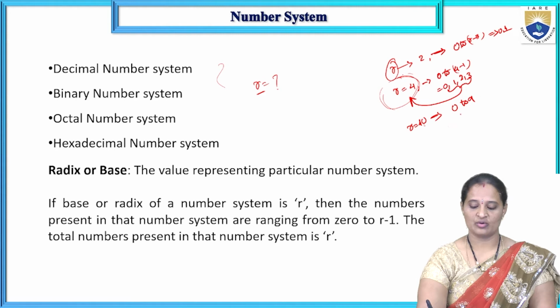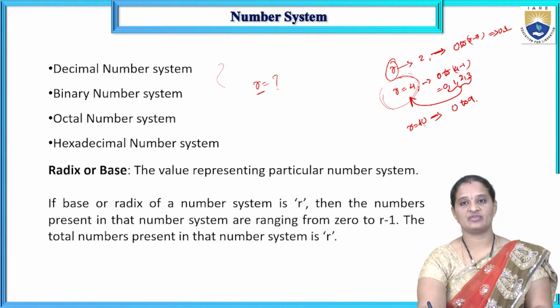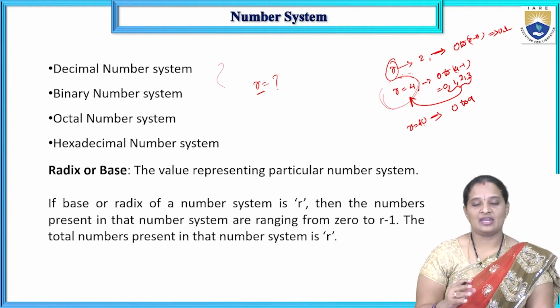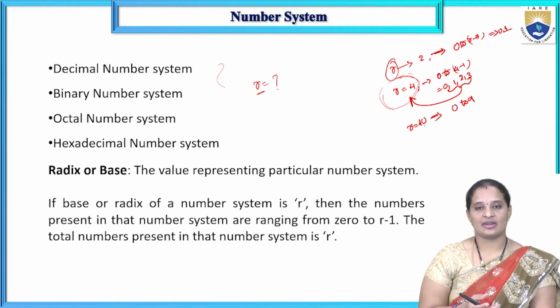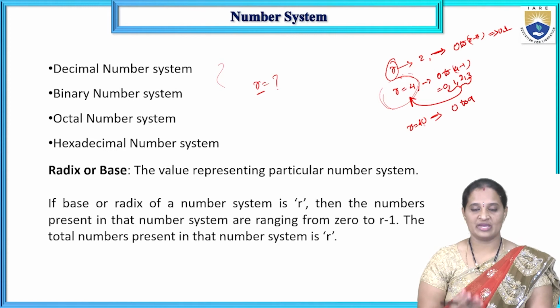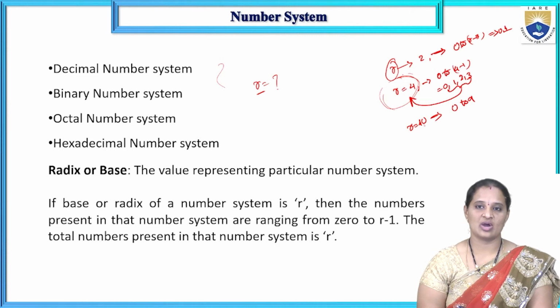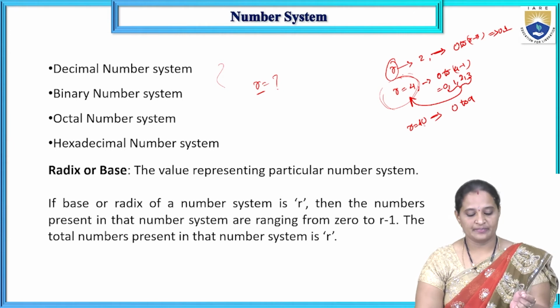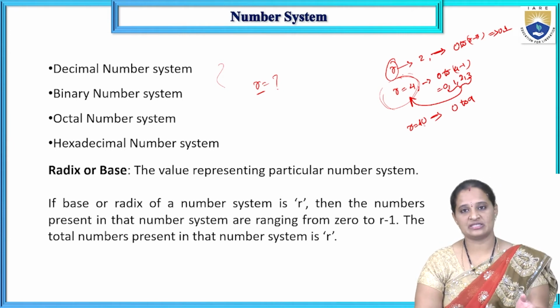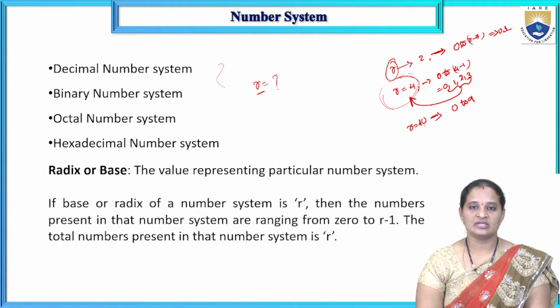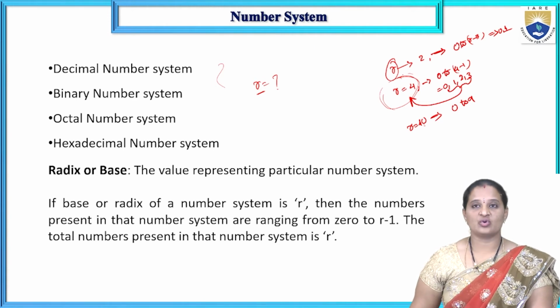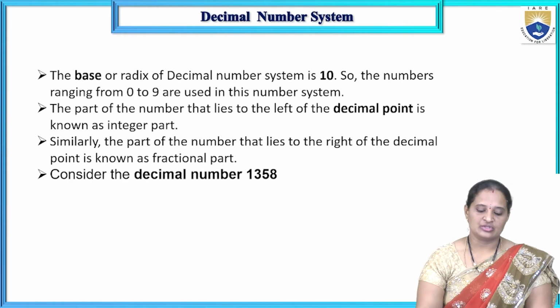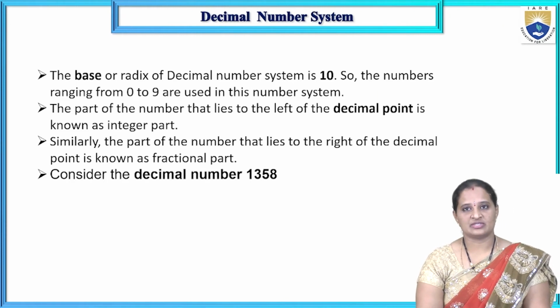So 0 to 9 are the symbols, and totally we have 10 symbols. So in any number system with radix R, the numbers present range from 0 to R minus 1, and the total number of symbols present in that number system is equal to R. That is about the number system.